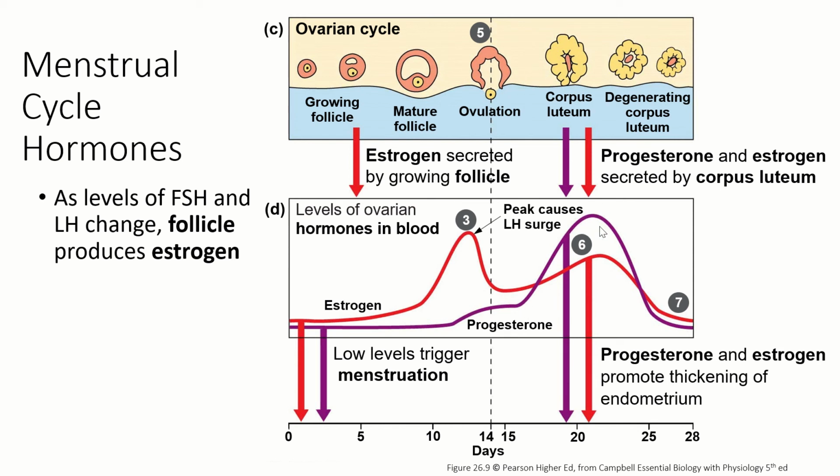Now, if fertilization doesn't happen, then the levels of both progesterone and estrogen fall. Both of these together, progesterone and estrogen, as they increase, they stimulate the thickening of the endometrial layer.